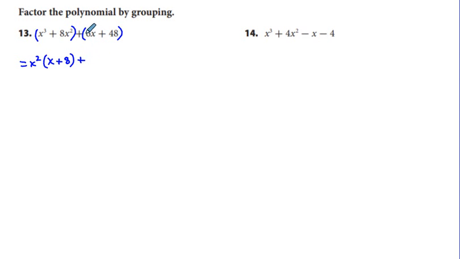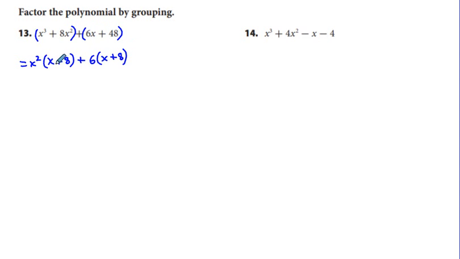and what we try to do is see if in this next set we also have an x plus 8. But between 6x and 48, what is our greatest common factor between those two? It's going to be 6. So 6 times what equals 6x? Well, it's going to be x. We'll have x plus 8.